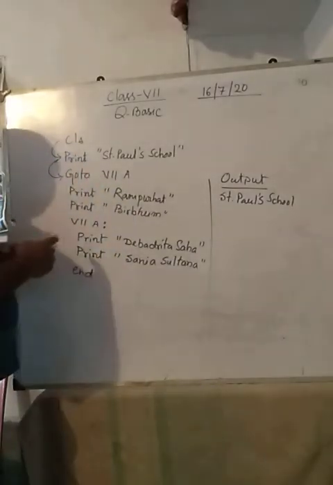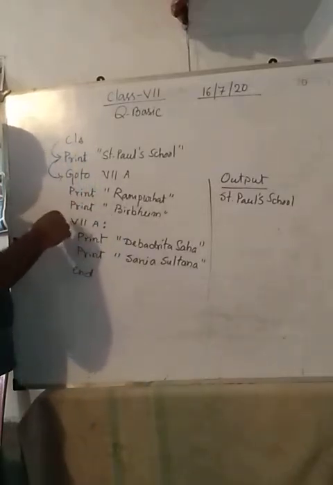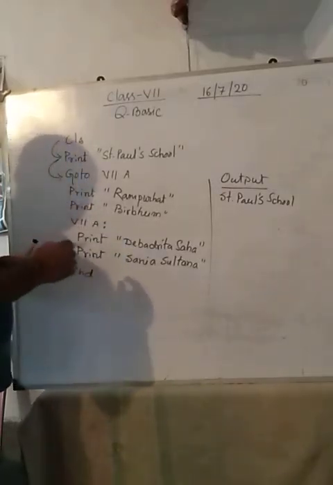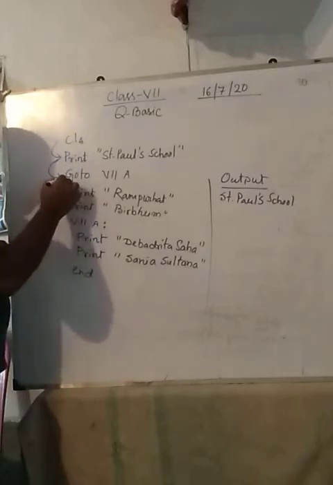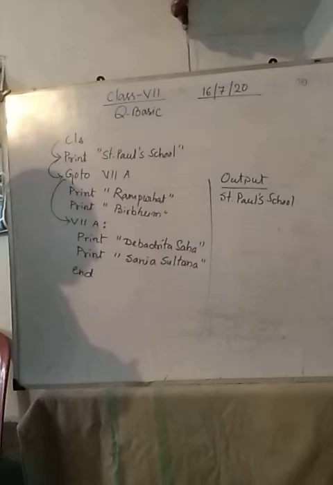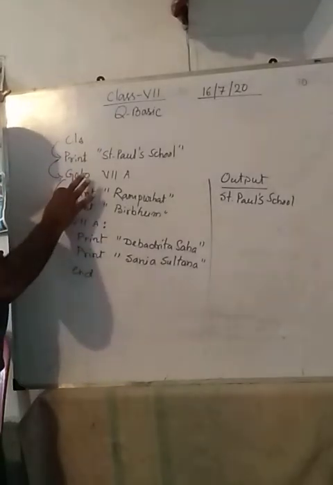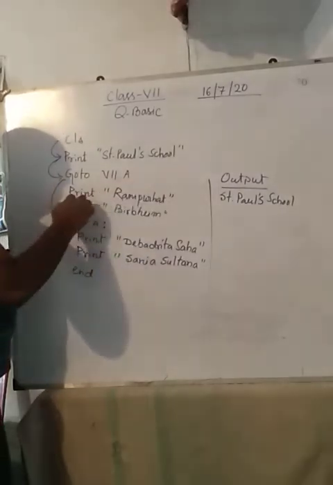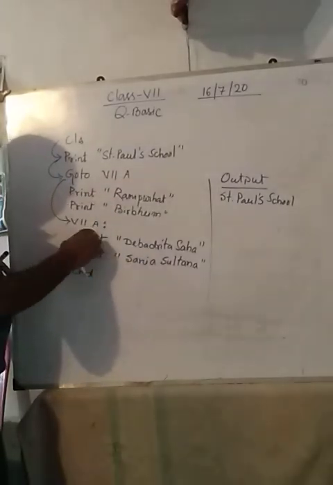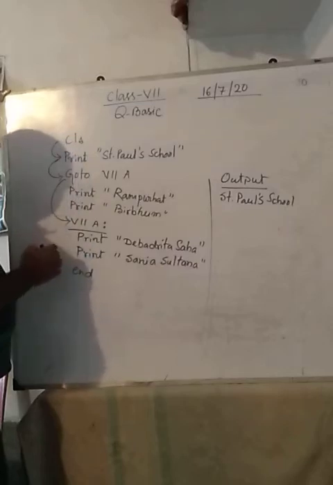Go to 7A. Where is 7A? The next line is print, and again print, but 7A is here. So it will come directly to this place. It will not read these two lines. It will go to the group of 7A here.